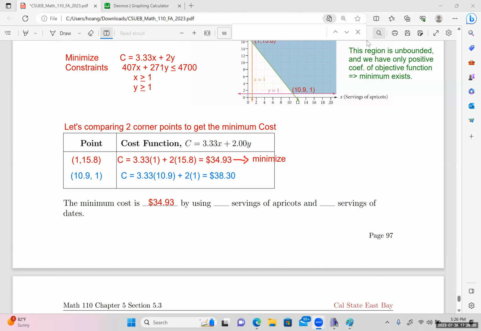By using how many servings of apricot? X is 1, right? And how many servings of dates? 15.8. Okay, so this is going to be the answer for this problem.